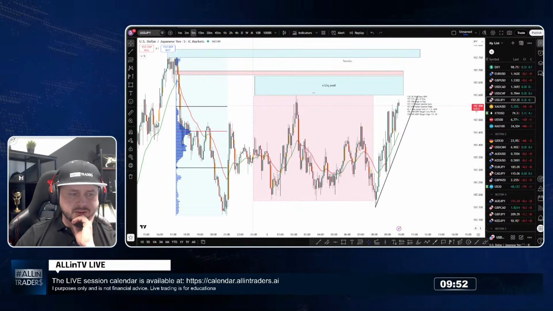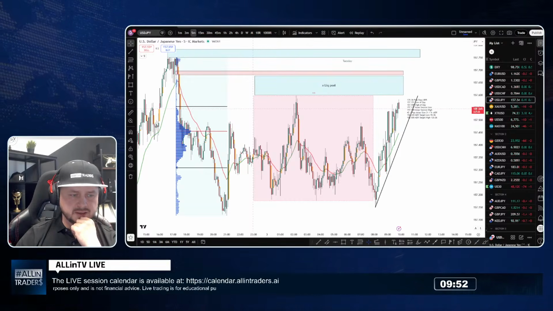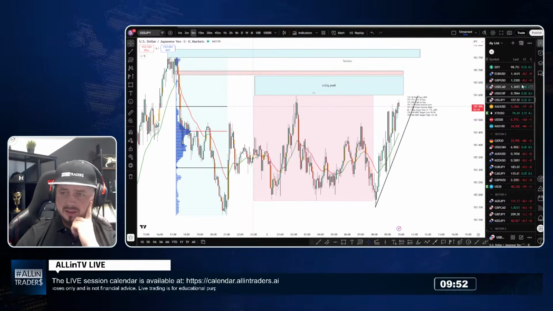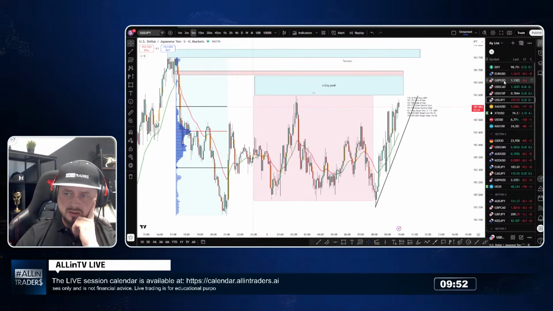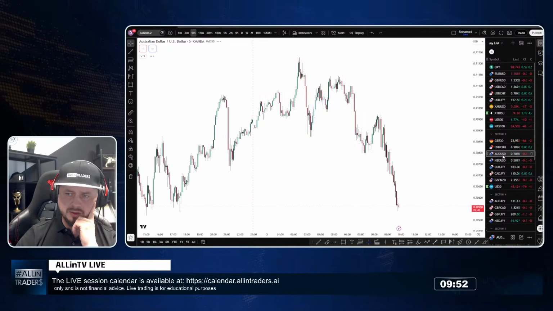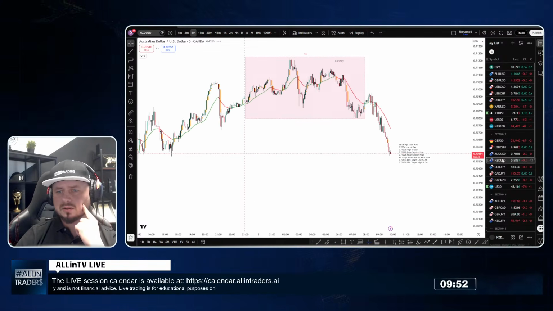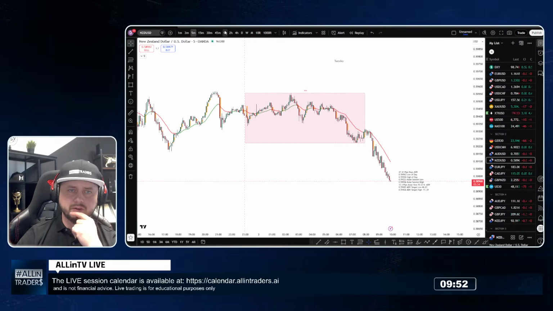I have a question. Australian dollar and New Zealand dollar are too good for basic buy sell. Now we can have a look. They are also working. I'm not usually trading Australian dollar and New Zealand dollar, to be honest, but these setups are also working on these currency pairs.